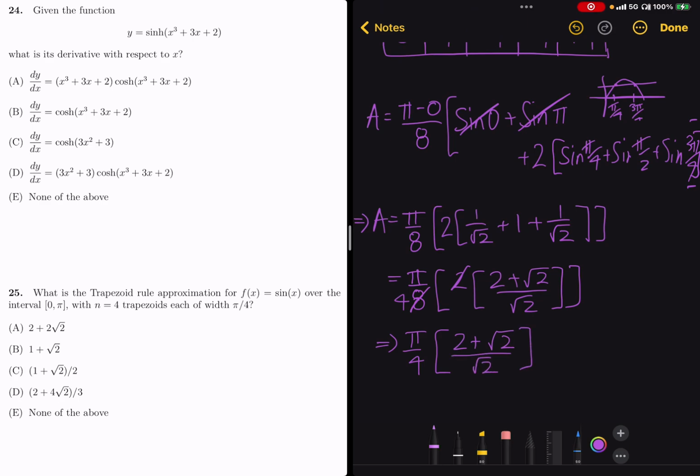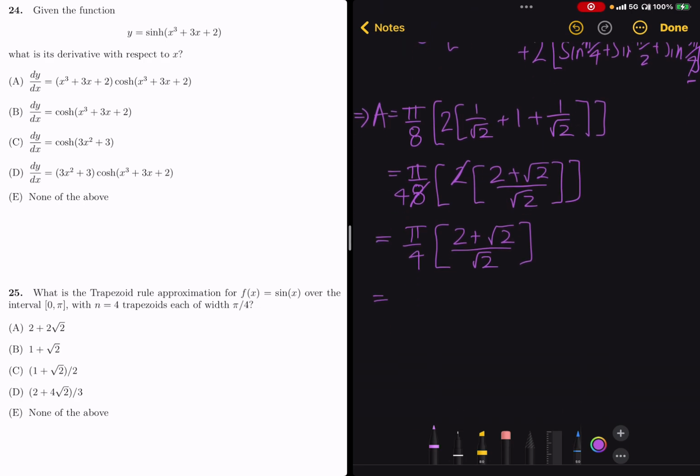Now we can cancel some square root of 2's here. So this is not an implication, this is an equals, this is just equal to pi on 4 multiplied by root 2 plus 1.